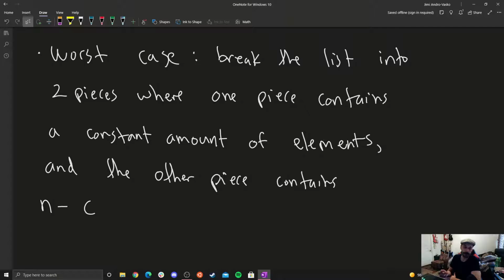So c was the constant for that first piece. The other piece will be n minus c amount of elements.